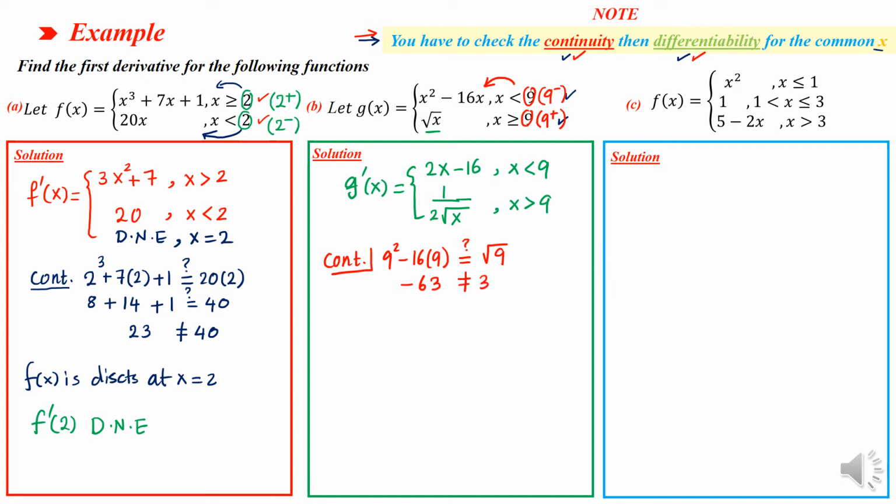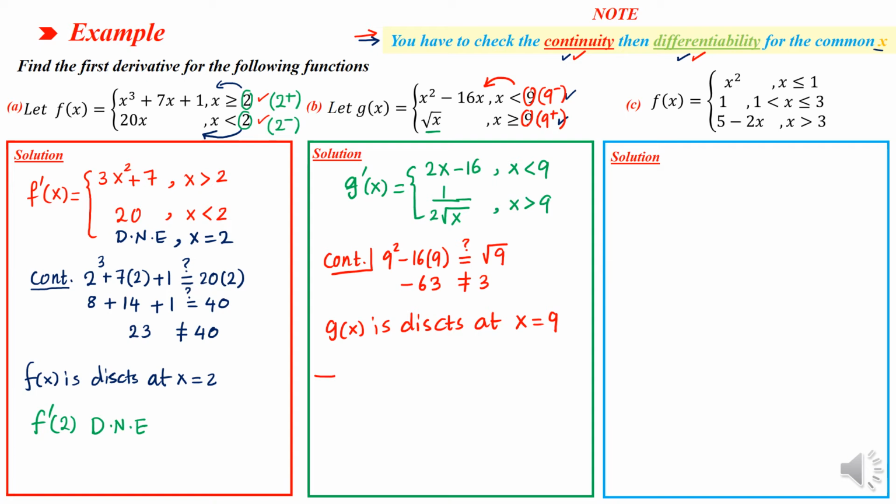Again, g of x is discontinuous at x equals 9, so it is directly not differentiable. No need to continue and find the derivative.